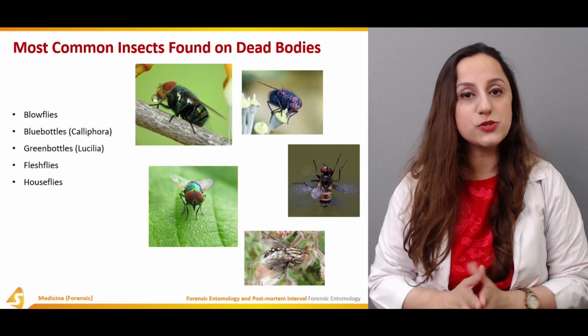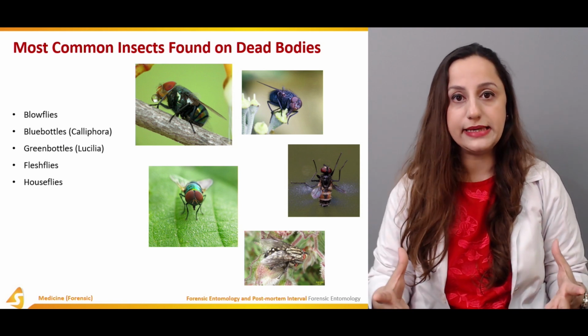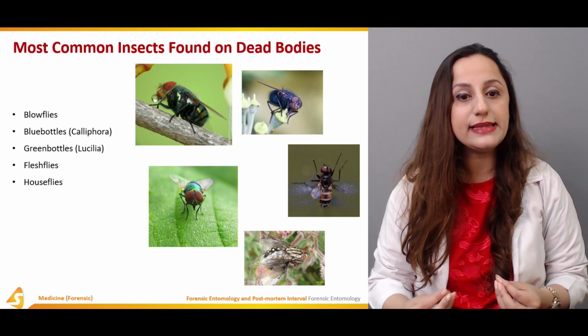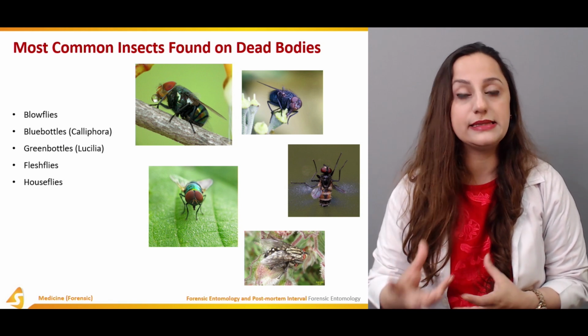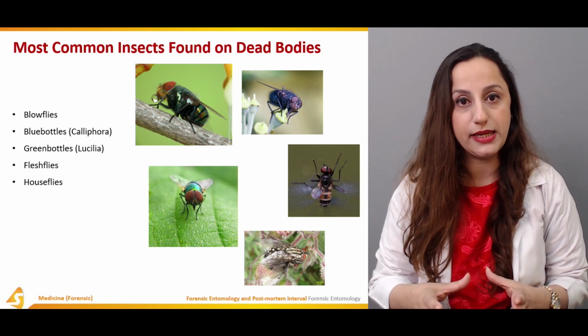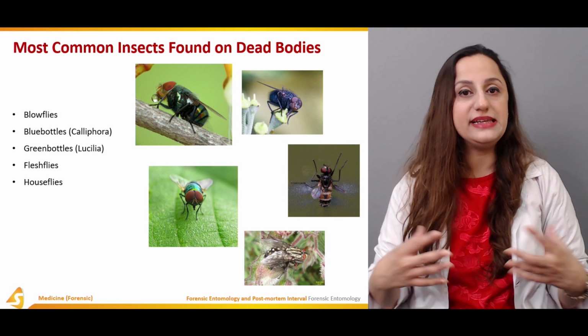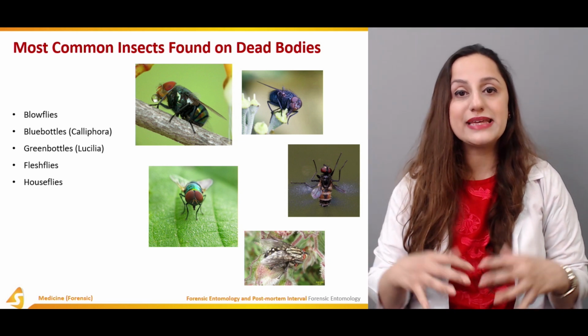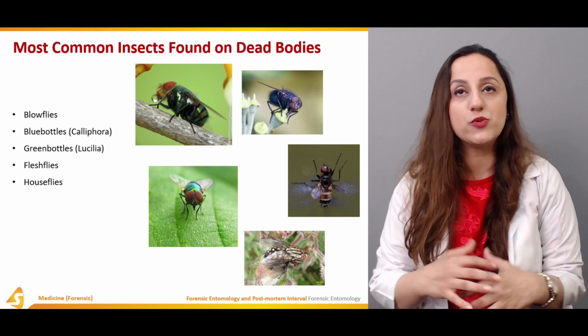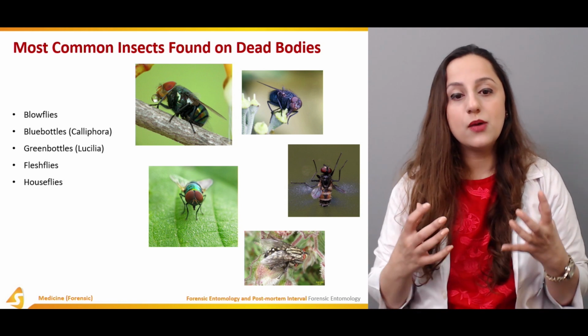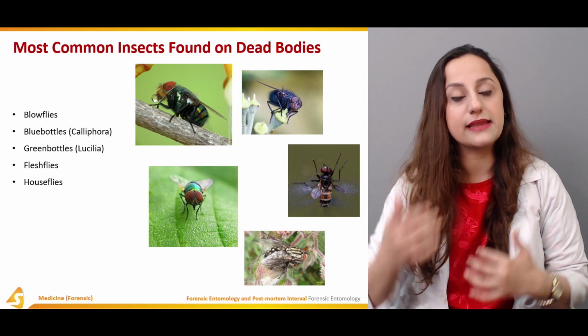For bodies lying openly, we mostly deal with blowflies, bluebottles, and greenbottles. And when we are dealing with a dead body inside a house or a shelter, mostly we'll be dealing with flesh flies and houseflies.